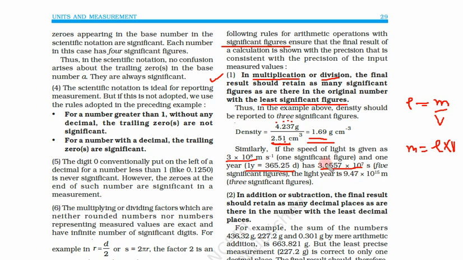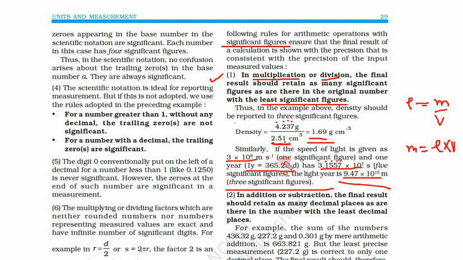So it has 5 significant figures: 1, 2, 3, 4, 5. The light year is 9.47 into 10 to the power 15 meter, 3 significant figures. So here we have reported the light year to be this many meters.